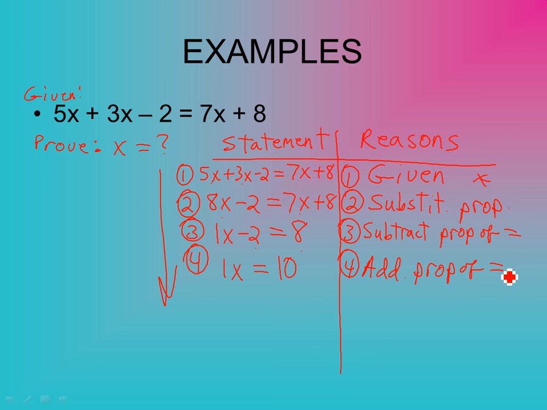Now, most of you probably know that you could stop right there. That tells you that x is equal to 10 and you're done. I'm going to go ahead and put another step on this. If there was another number besides 1 with the x, our next step would be to divide both sides by that number. So in this case, we're dividing both sides by 1, and you end up with just x equals 10. And there we used the division property of equality.